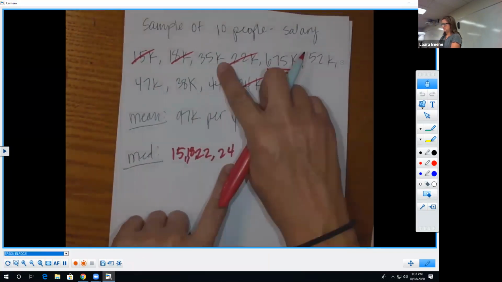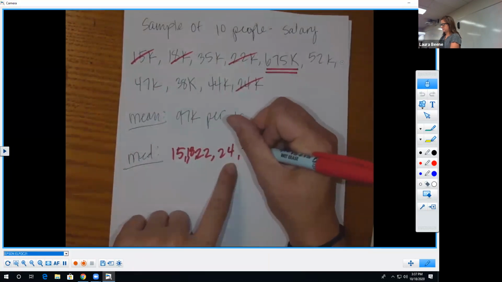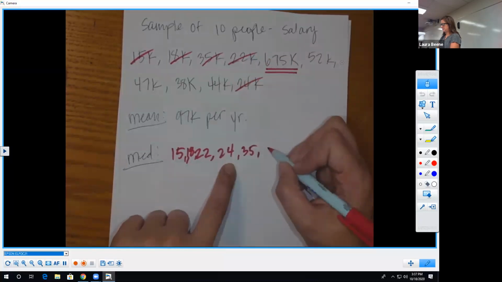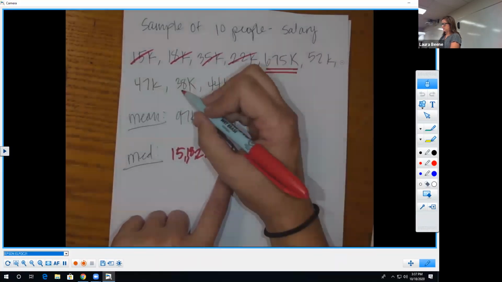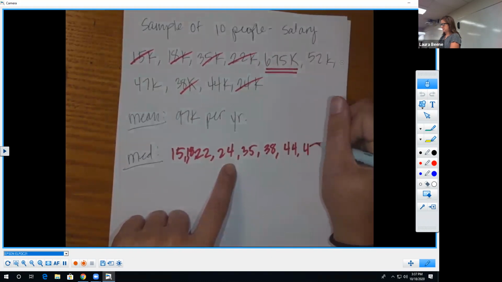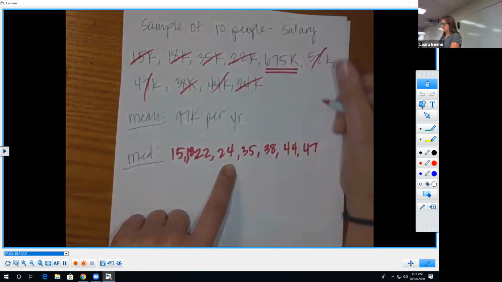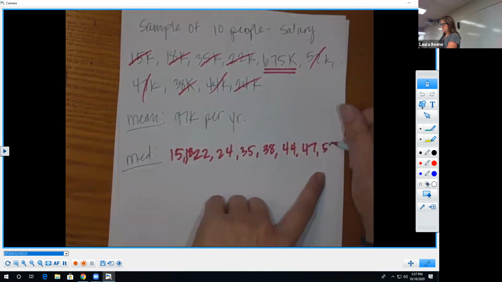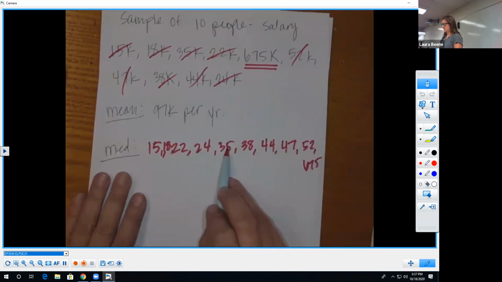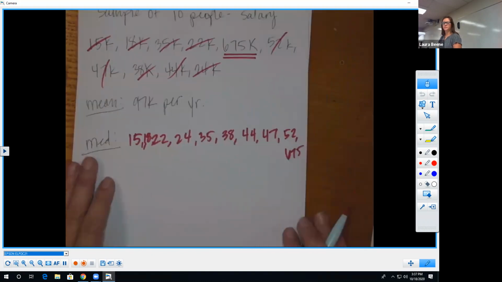The next one is 35. The next one is 38. And then we have 44, 47, 52, and 675. So 1, 2, 3, 4, 5, 6, 7, 8, 9, 10.